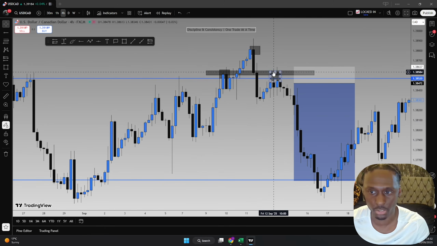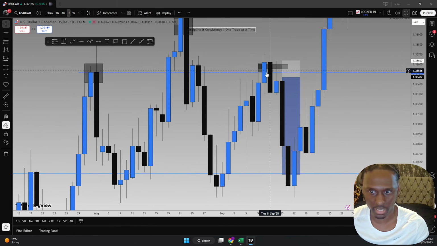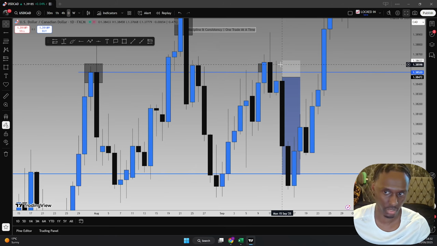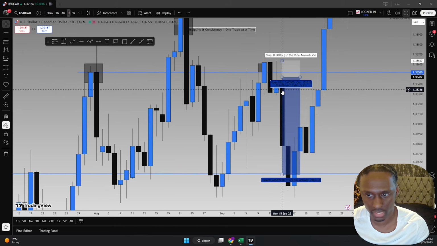But this wasn't actually the entry because this had already happened. You know what I'm saying? Because if we're looking on here, that would be if we got in once price came to the level. But we already know price had already come to the level. So we're looking to enter on the Monday, the 15th, where I got the trade. So this had already happened.